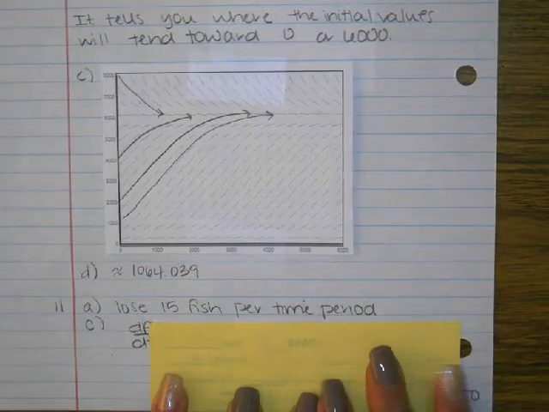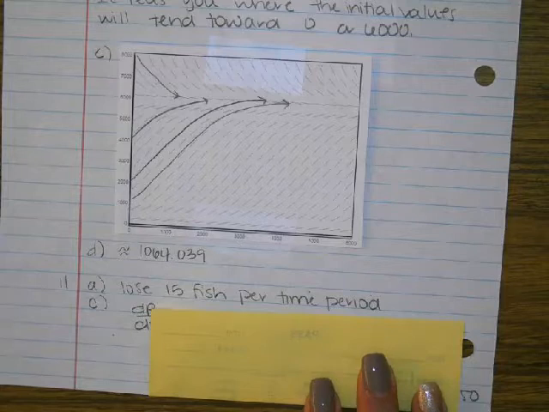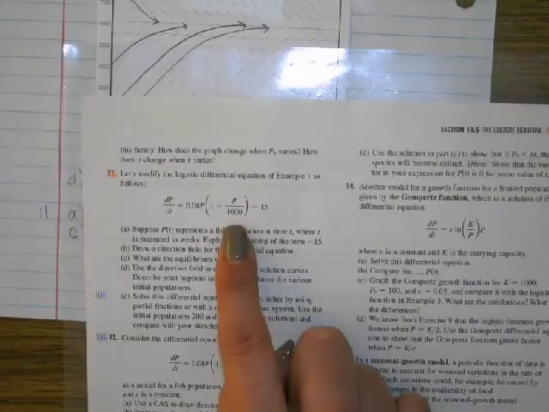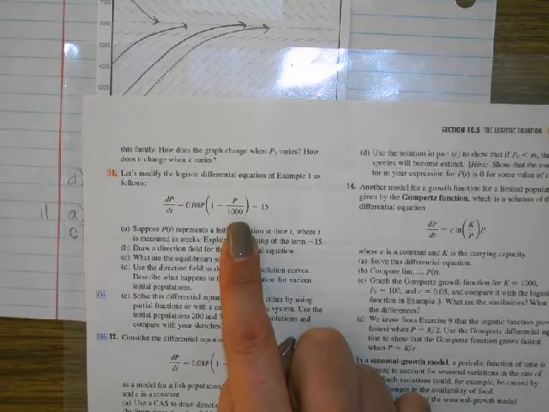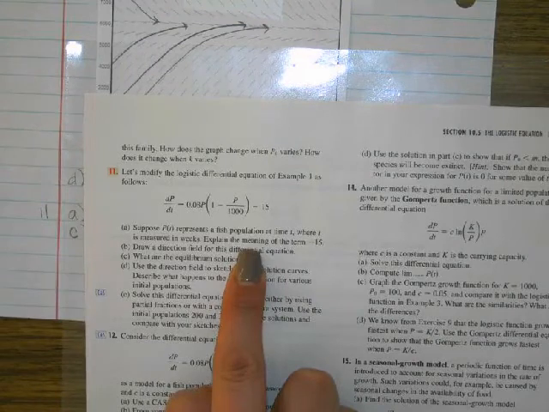Okay, so when you work on number 11, that problem had, I might just put this up on the screen. Number 11 had this part, and it's saying, explain the meaning of the minus 15 on the end.